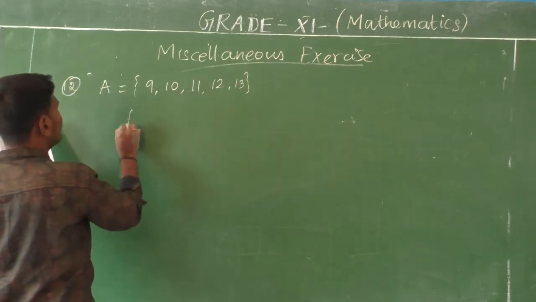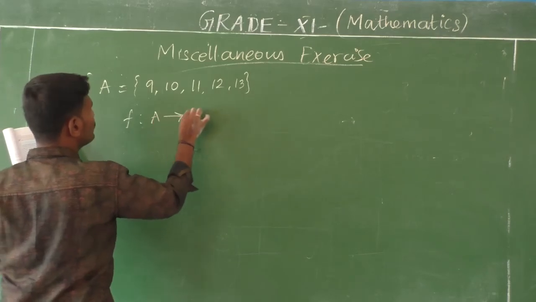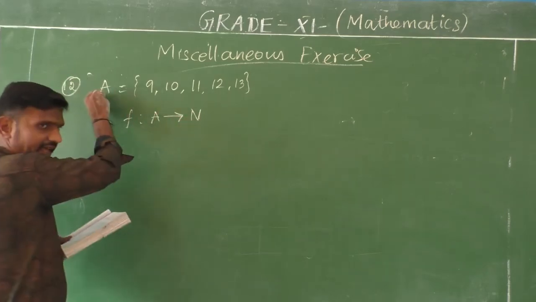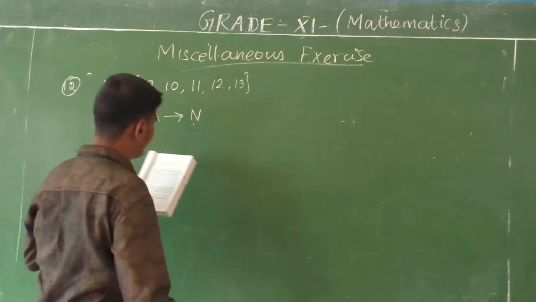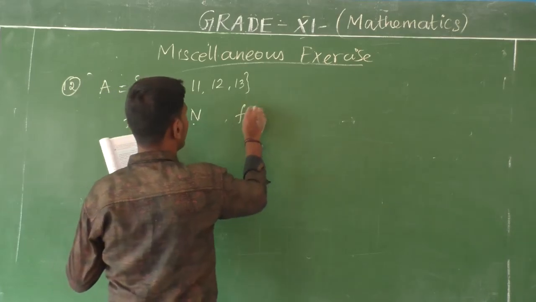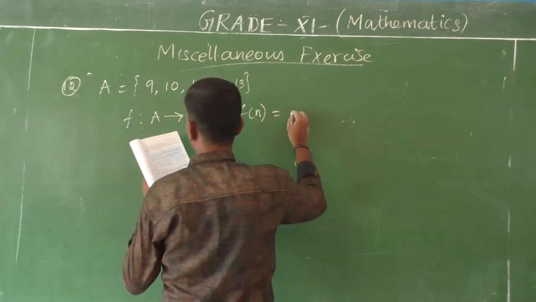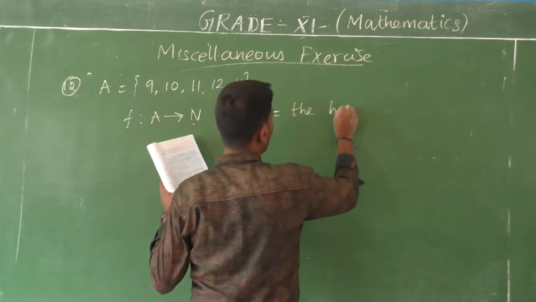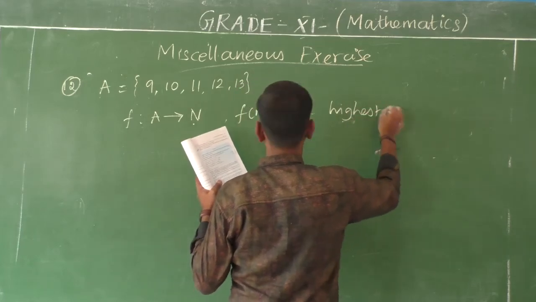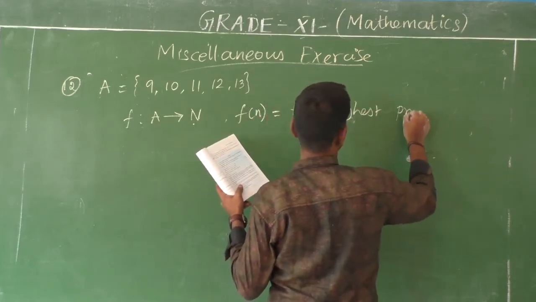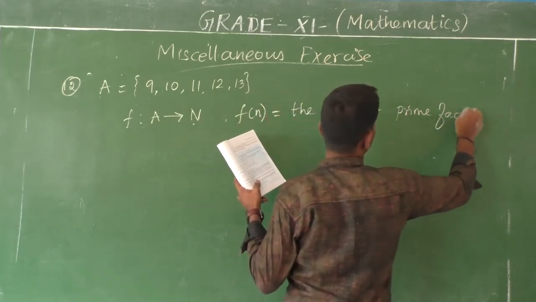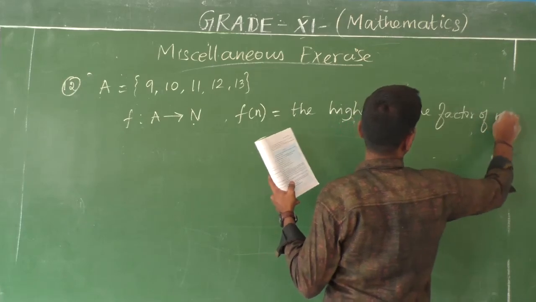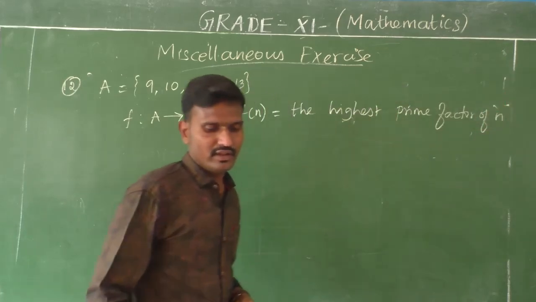And F from A to N, the set A to the natural numbers N, is defined by F of n equal to the highest prime factor of n.